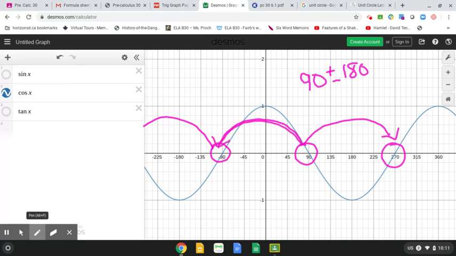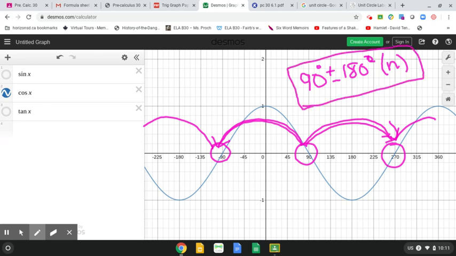I'm subtracting 180. So 90 degrees plus or minus 180. Because it happens periodically, it keeps jumping. We always just put an n in brackets because you could put any number in there. So this is going to be your non-permissible value for cos.